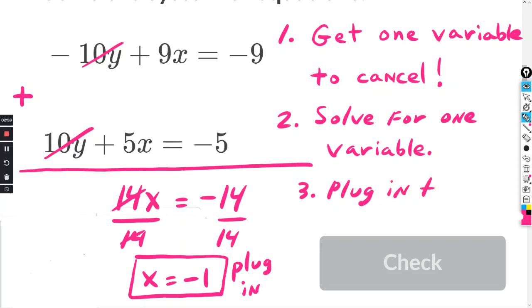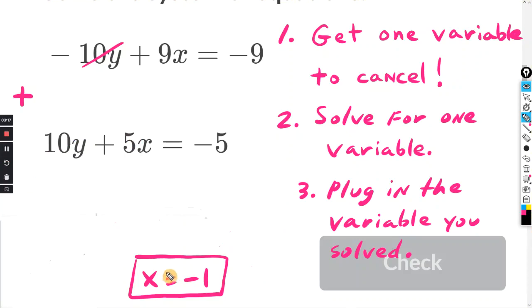Plug in the variable you solved. So that's step 3, and you can do that to either equation. I'm going to take my x equals negative 1 and plug it in right there.